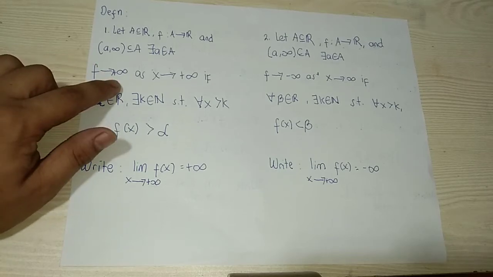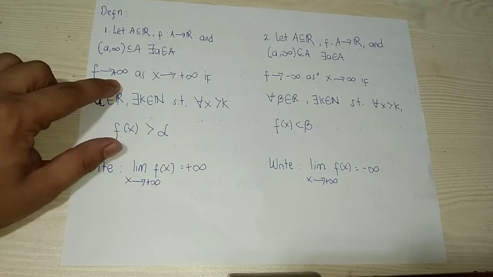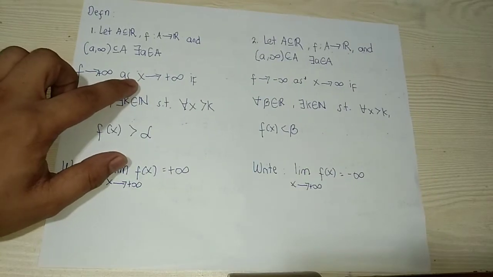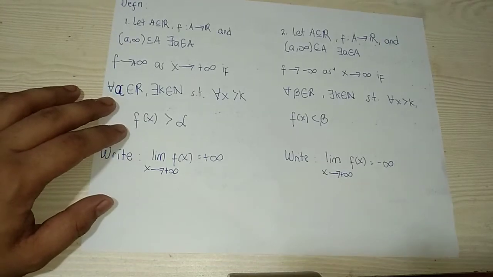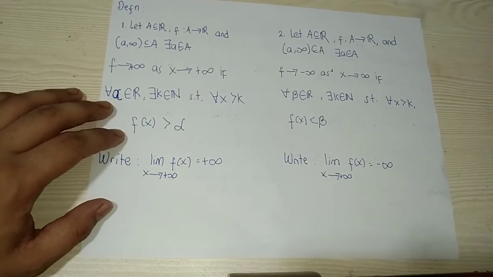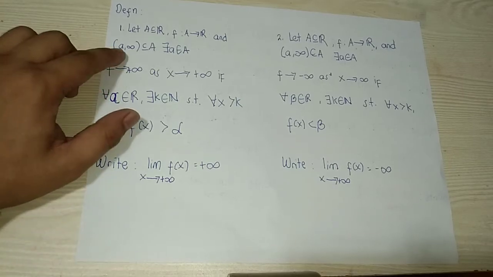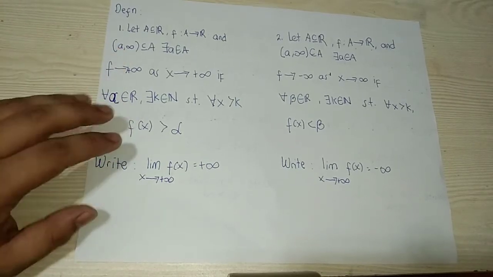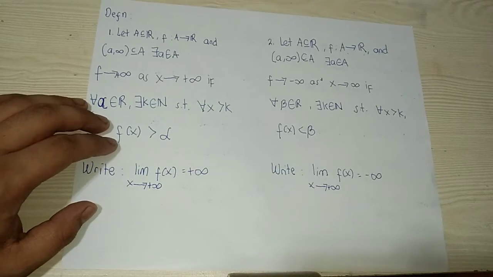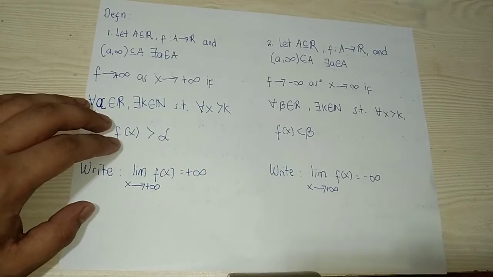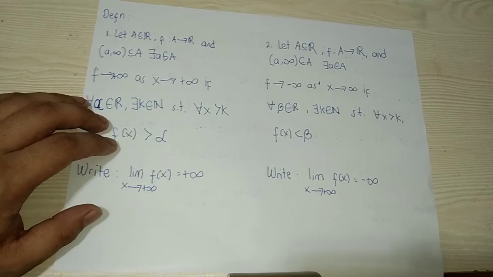So, f approaches infinity or f increases without bound as x increases without bound if it satisfies this definition. For any alpha, so gagawin ko sanang A yan kasi meron na tayong A eh. Kaya alpha na lang. So for all alpha element of R, dapat may mag-exist na natural number K.